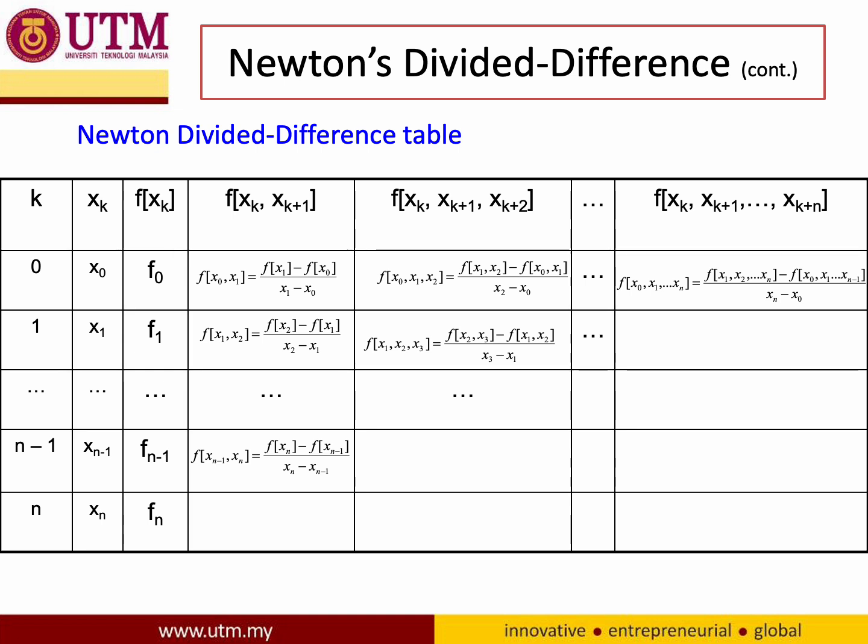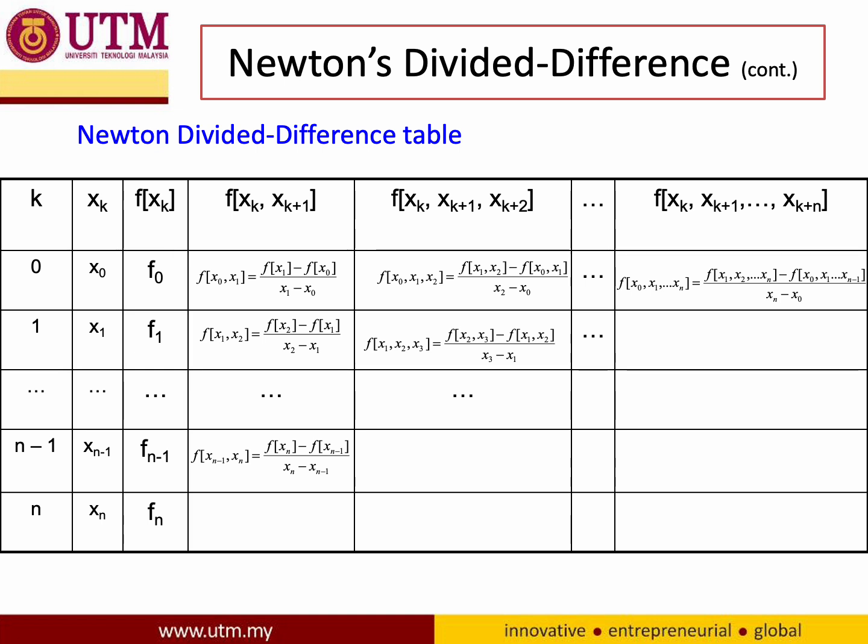We have 3 columns given to us, the k, the x, and the f(x), from the question. Usually the data is given in a row, so you make it into a column, similar to forward and backward. And then these are the things that we need to find.